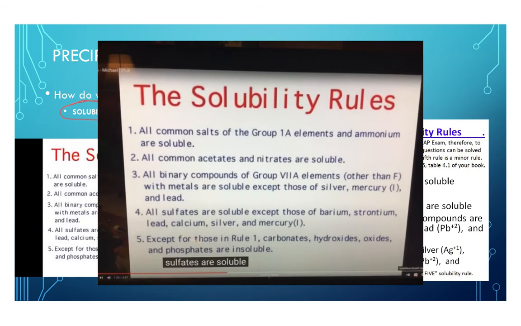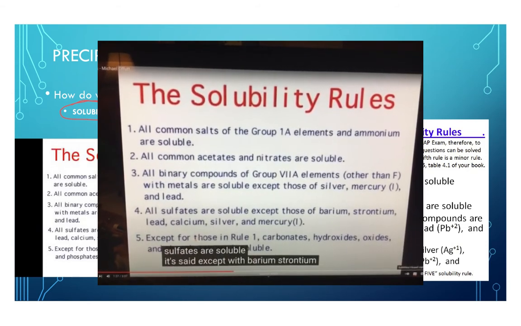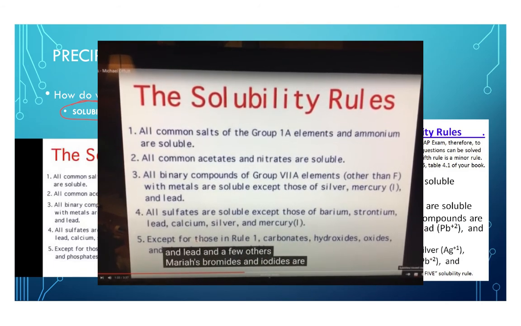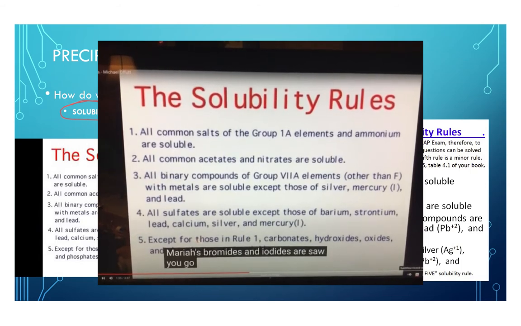Sulfates are soluble, it's said, except with barium, strontium, and lead, and a few others. Chlorides, bromides, and iodides are soluble. But there are some secrets, well, I'm gonna tell. Working in the lab, it's plain to see.